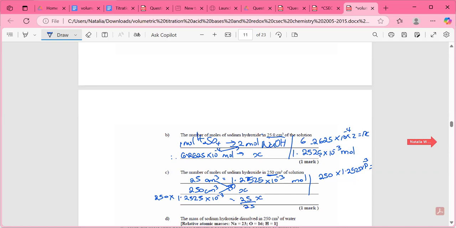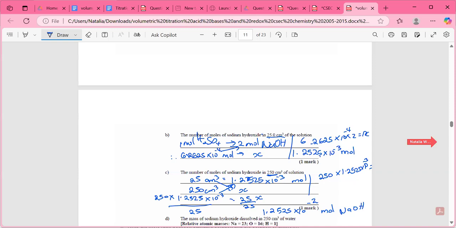So 1x by itself, we're going to divide both sides by 25. So our answer is 1.2525 times 10 to the negative 2 mole. So we know that in 250 centimeters cube, I have 1.25 times 10 to the negative 2 moles of NaOH.